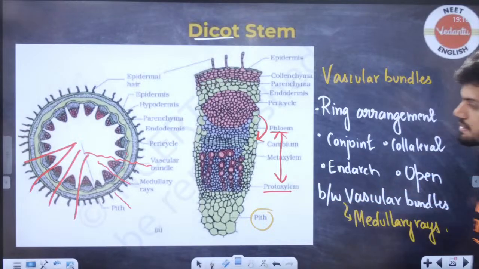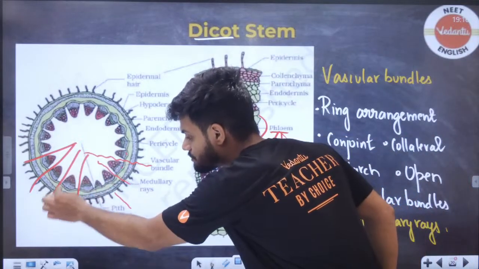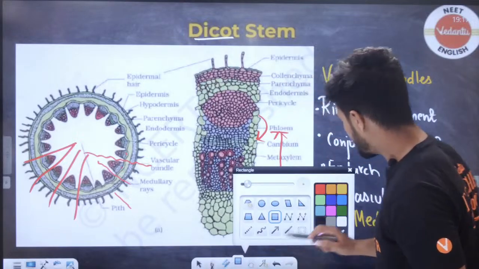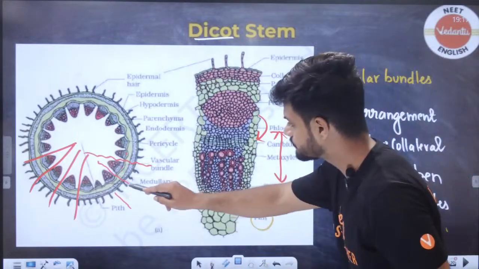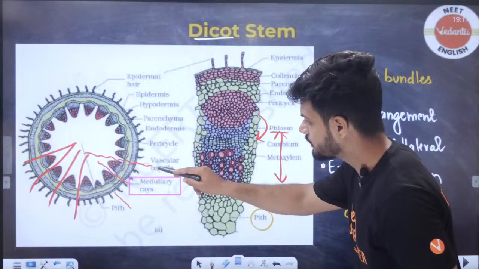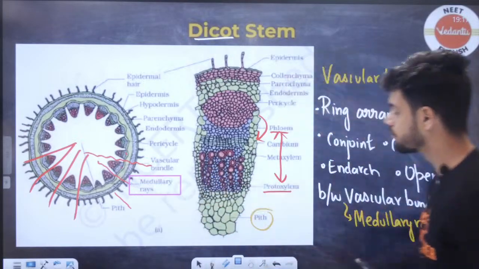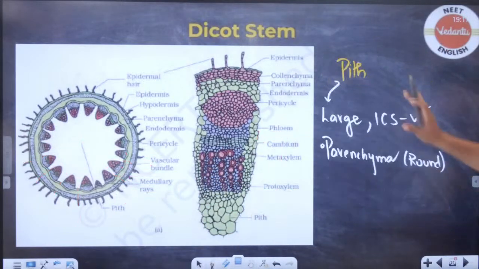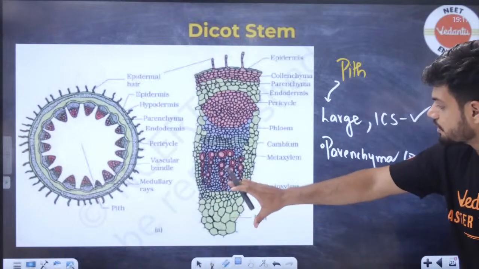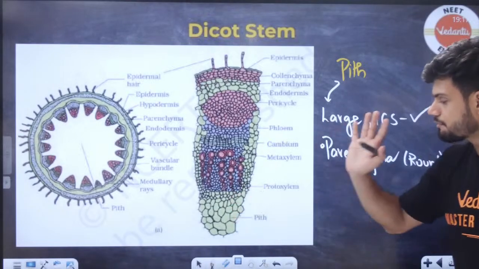Between the vascular bundles, there are medullary rays. Then there is the pith, very large, intercellular space present, made up of parenchyma.